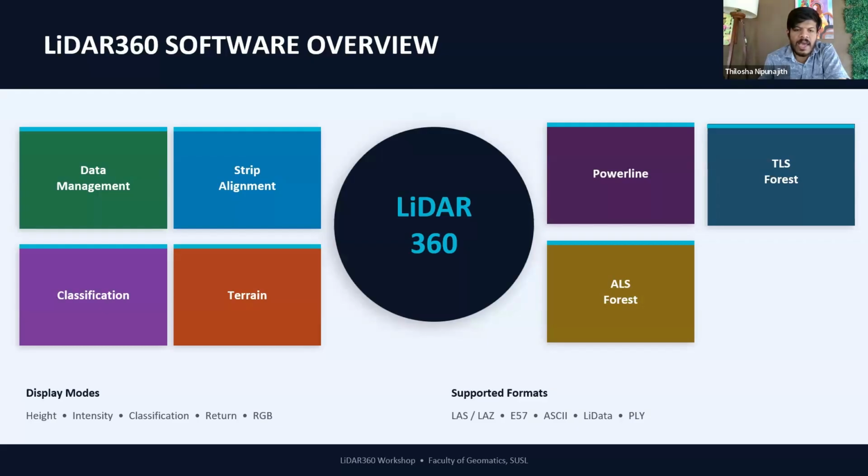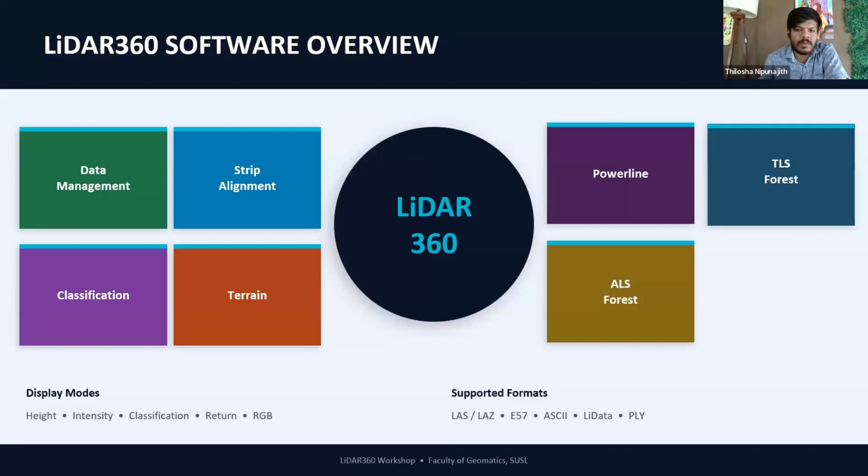And when it comes to strip alignment, it's about correcting positional errors between overlapping strips. And after that, again, we have to classify the point cloud, whether it is ground level, vegetation, or something like that. So things go like that.